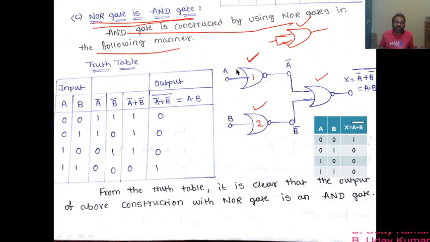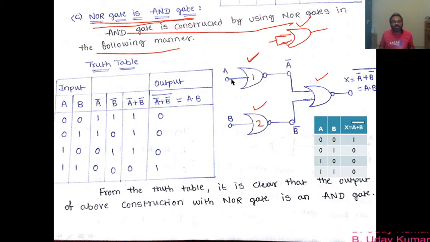So now, since it is a NOR gate with one input, this is another NOR gate with one input again. Let us take the input of this NOR gate as A, and the input of this NOR gate as B. Since it acts like a NOT gate, whatever the input, we get the output as the complement of the input.